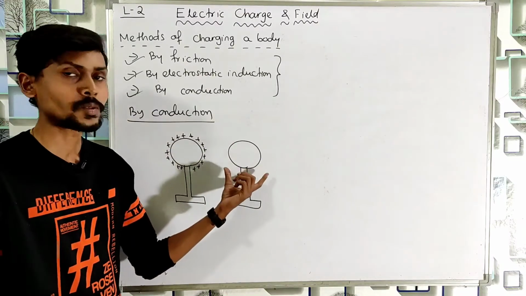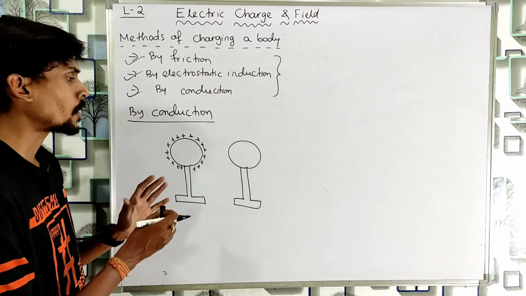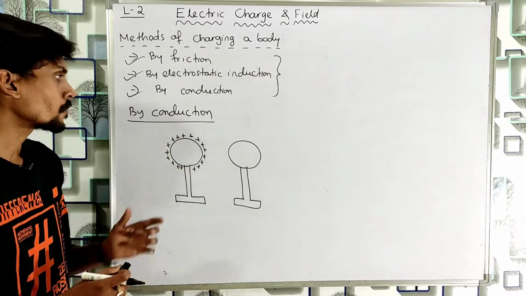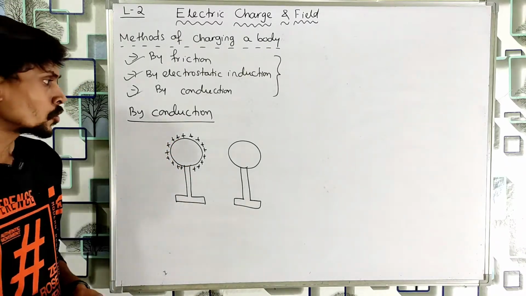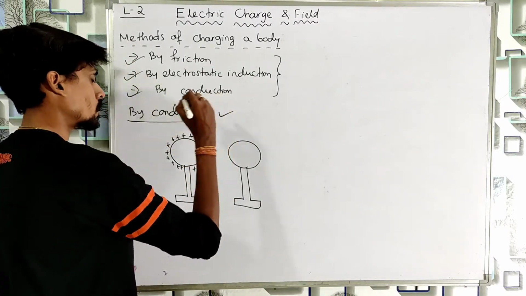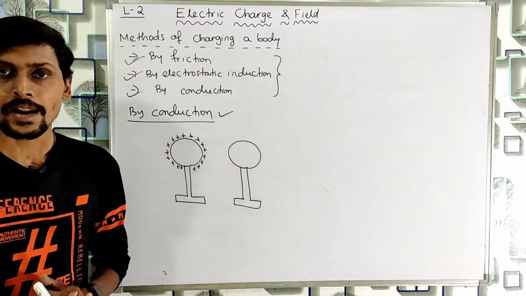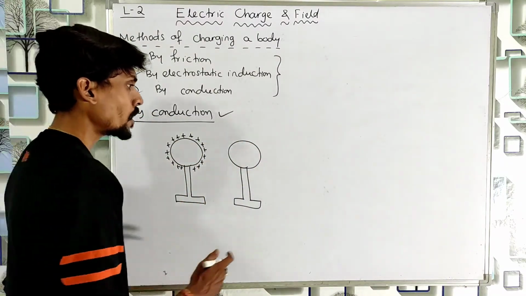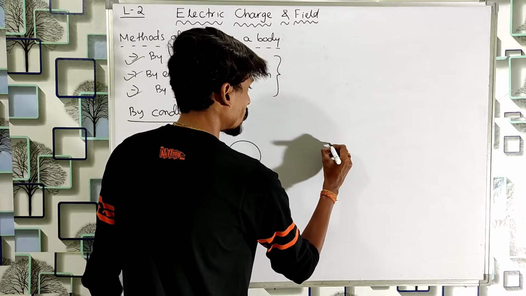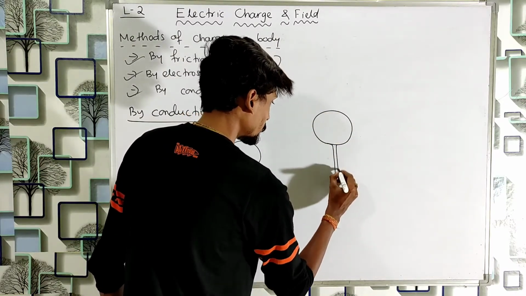You can electrify this body by the method of induction, but in this method we have to charge the body by the method of conduction. So let us discuss about this method. In this method you have to bring the two bodies in contact with each other. So when you bring the two bodies in contact with each other, then what will happen?